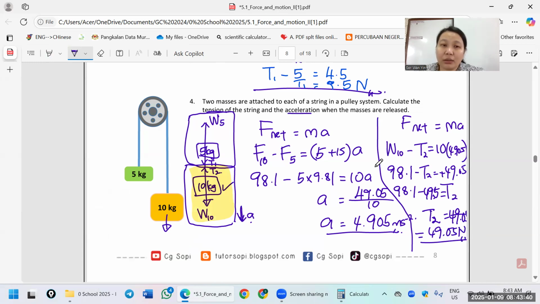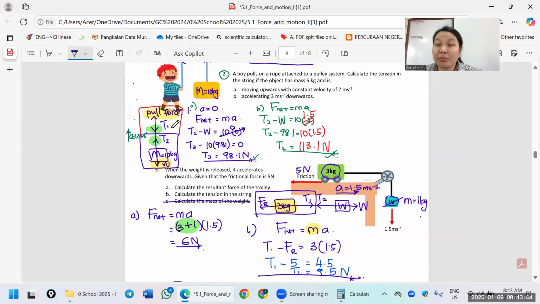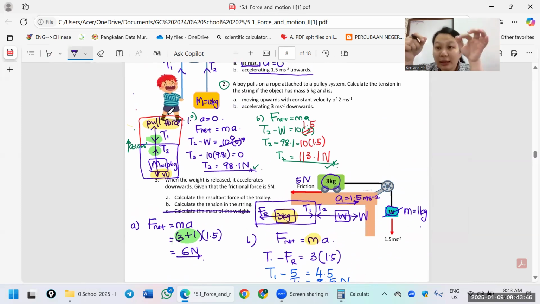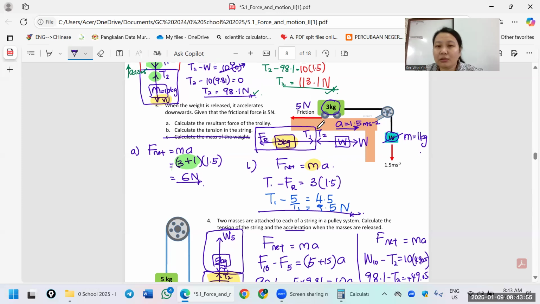Okay, so remember lah, for pulley questions, you must make it into either a horizontal line or a vertical line. Understand? You must draw it out and stretch it. The line is at 90 degrees and you need to stretch it to become a straight horizontal line first, all right?